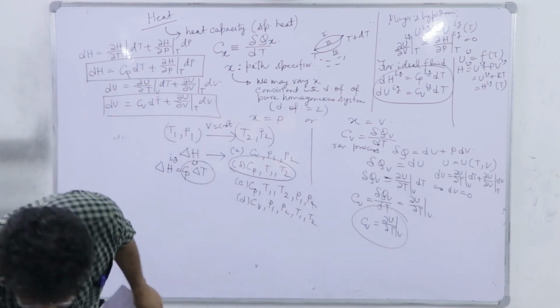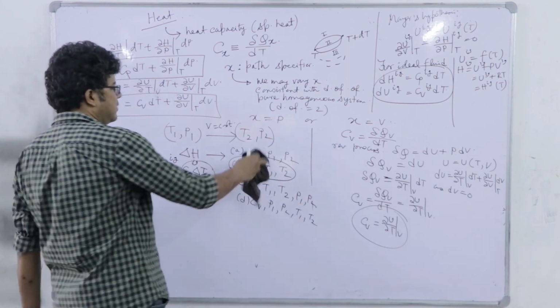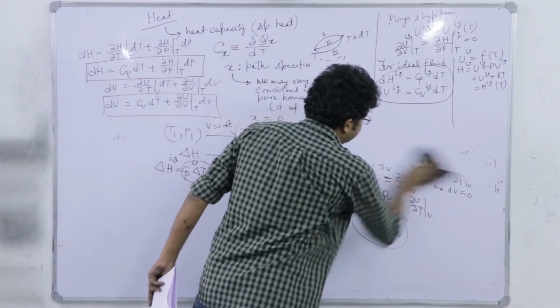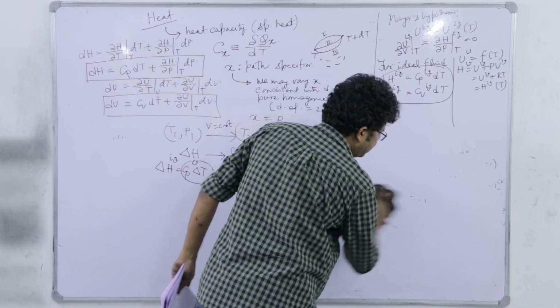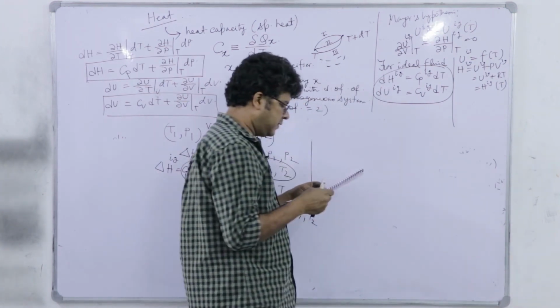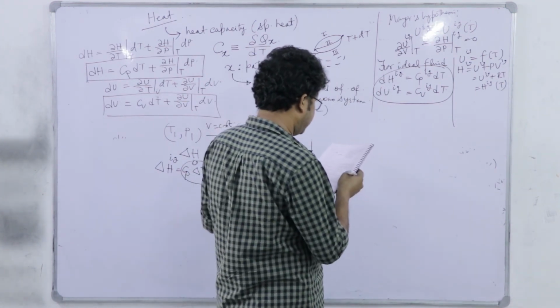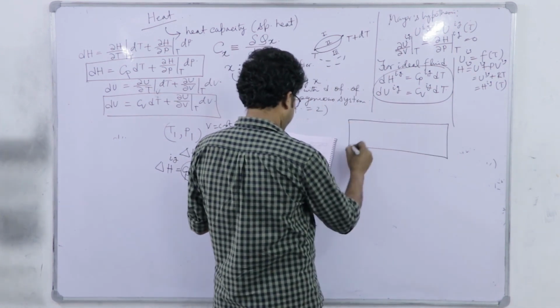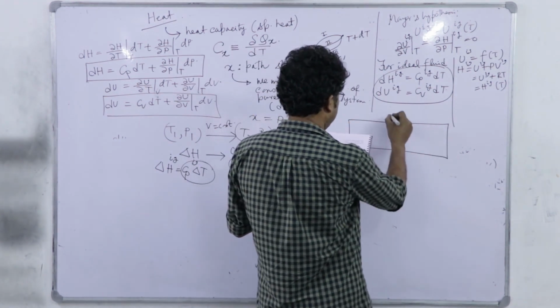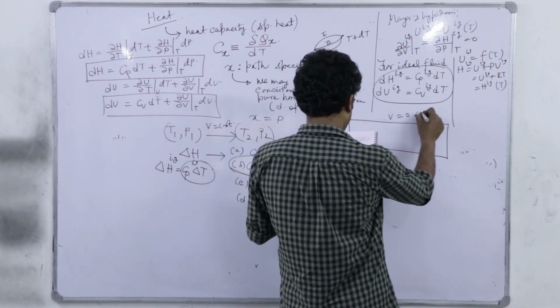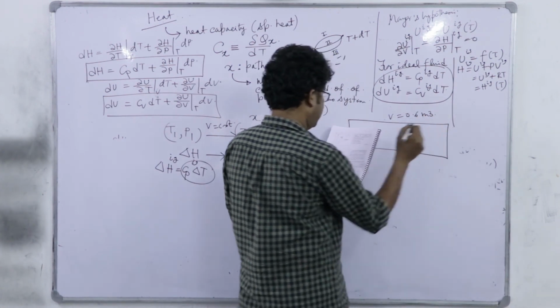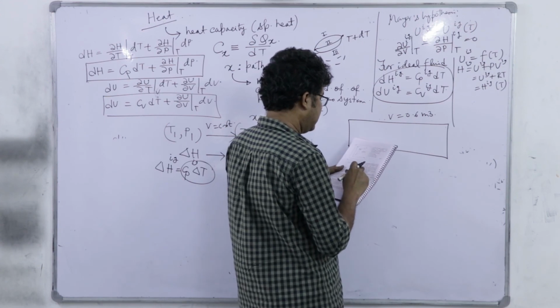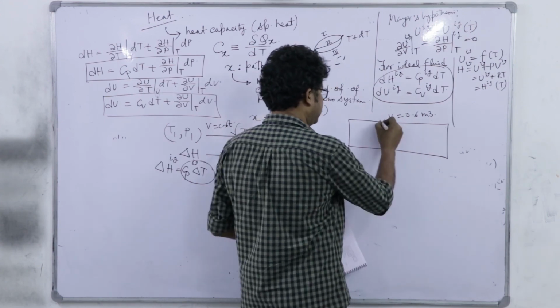Another question, just these are the basics. It said a perfectly insulated cylinder of total volume 0.6 meter cube is initially divided into two parts by a thin frictionless piston.